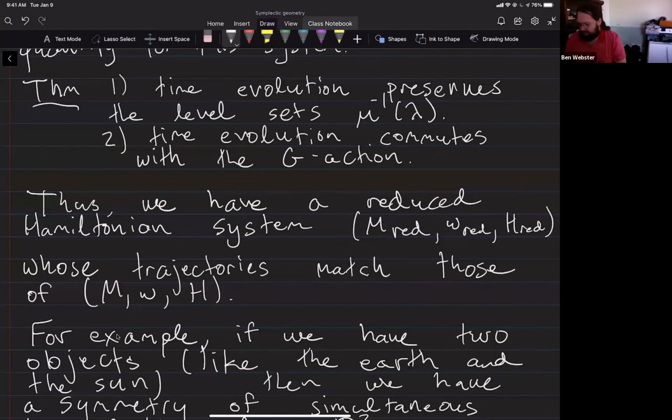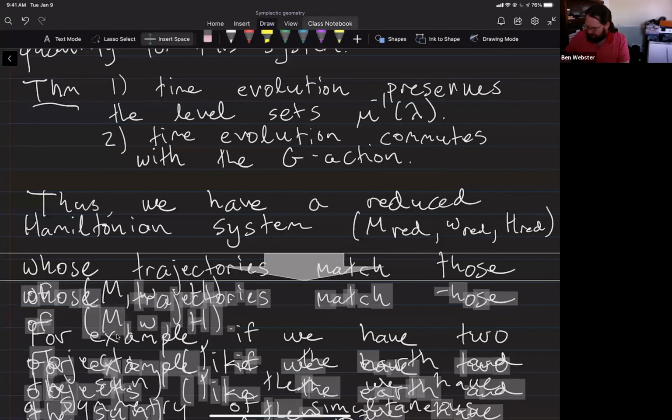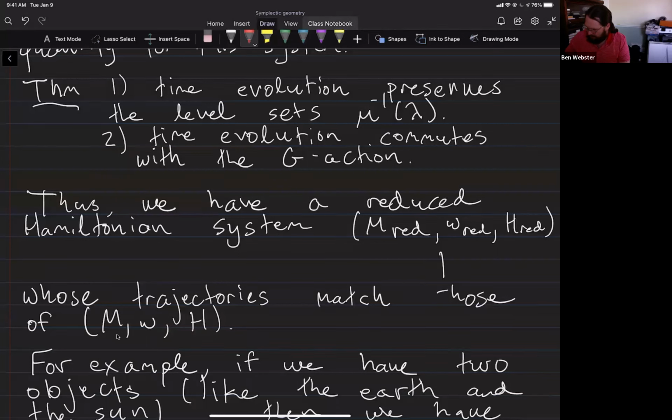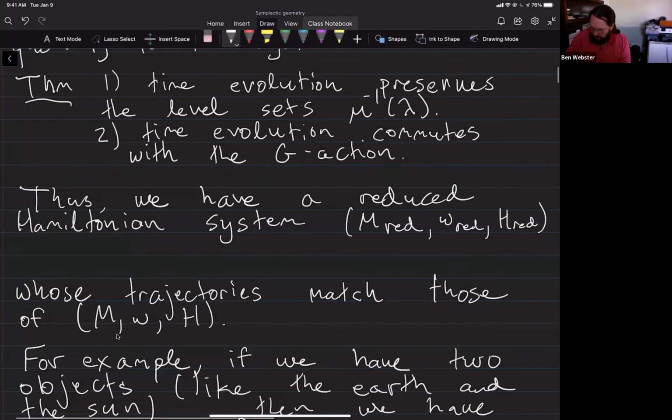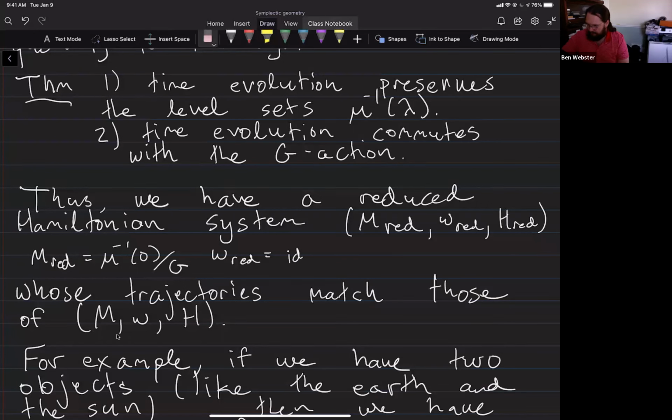Let me just remind you what I mean by this. Here, M red is going to be mu inverse of 0 mod G, with the induced symplectic form.